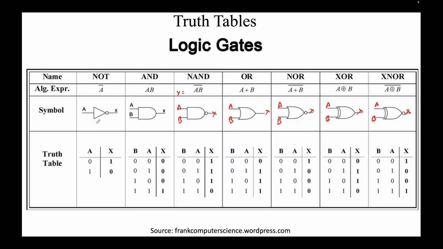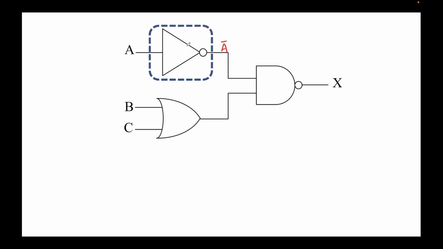So for the NOT gate, the output is nothing but the bar of the input. The input is A to this NOT gate, so the output would be A bar. Similarly, in the orange rectangle, you see an OR gate.